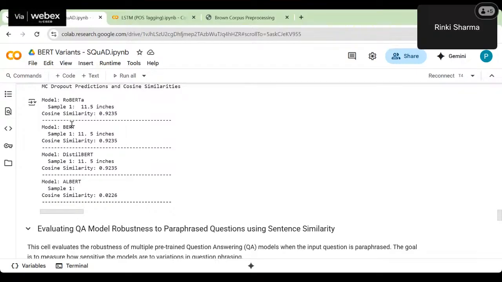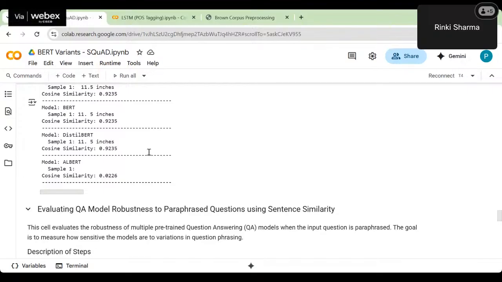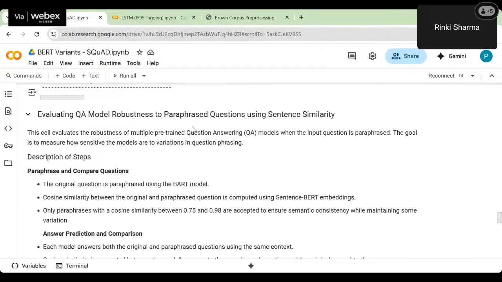Now, in this part, as we already have a question in the data set, we have paraphrased that question, just by changing some words with their synonyms. We want to check whether the model is capturing the semantic meaning, because the meaning remains the same; we are only changing the lexical structure, not the semantic structure.